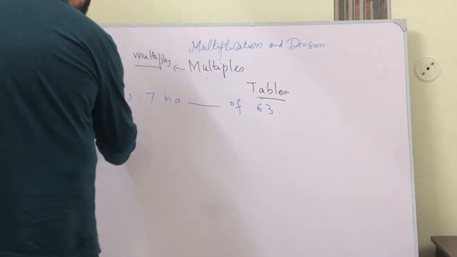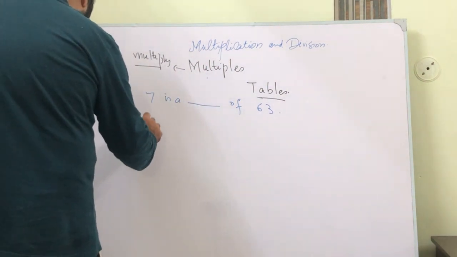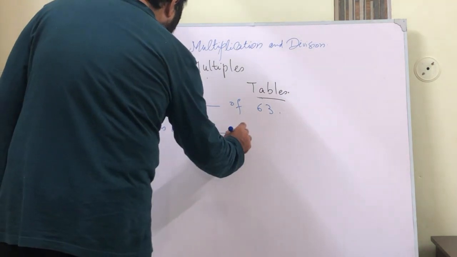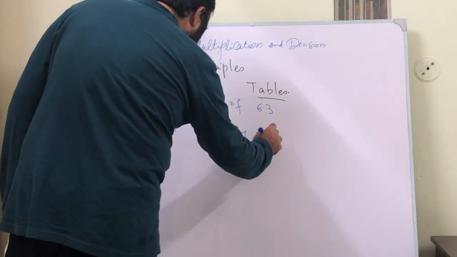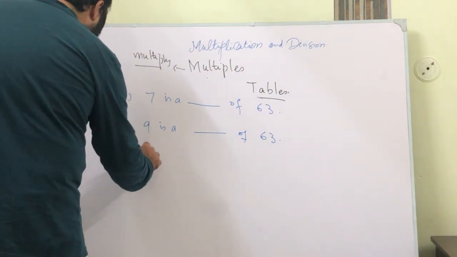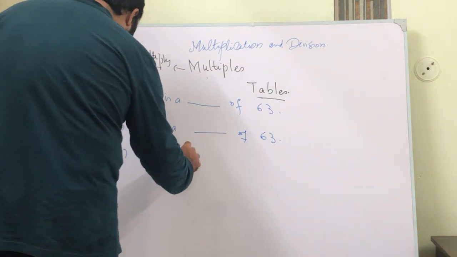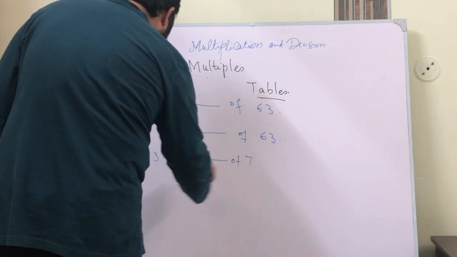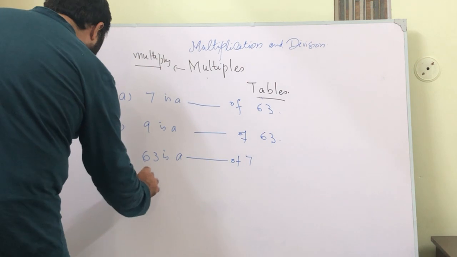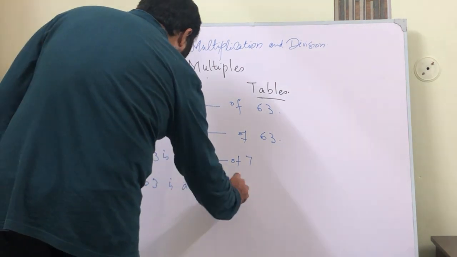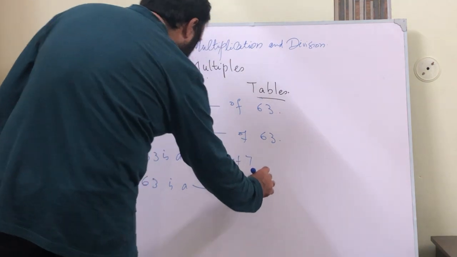Part B: 9 is a dash of 63. Part C: 63 is a dash of 7, and part D: 63 is a dash of 9.